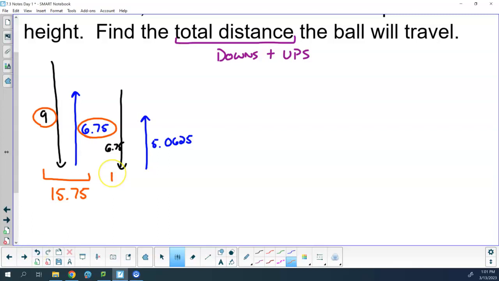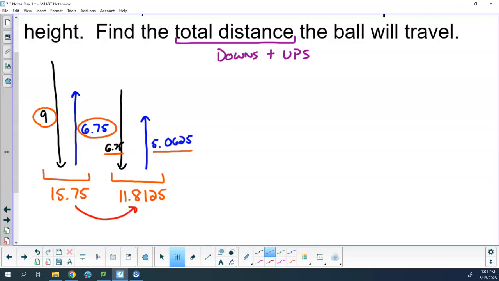The total that the ball traveled on bounce number 2 was 11.8125 feet, which was these two numbers added together. Now, the nice part about this is that if you took 15.75 and you multiplied it by 0.75, the rate that's going on here, you would get 11.8125.